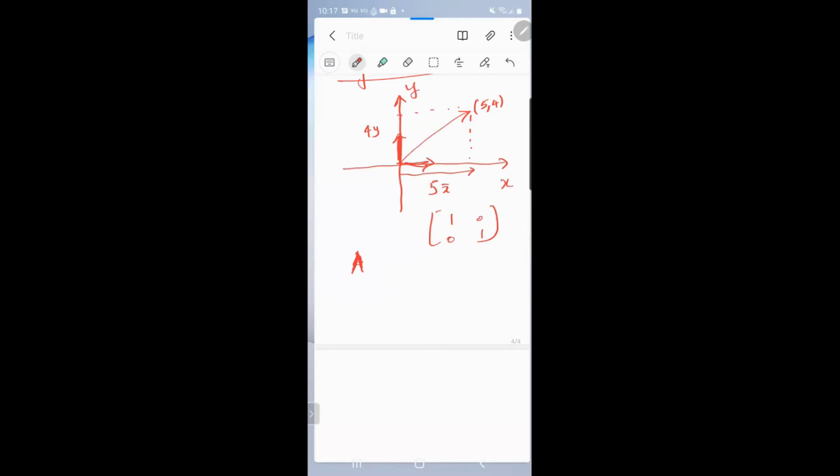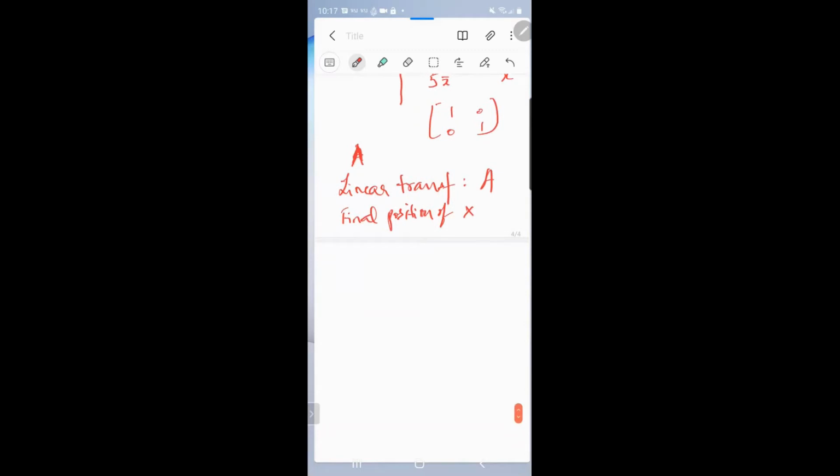How can you find that? Anybody who wants to volunteer with the answer? We have a linear transformation A, and we want to know the final position of vector X. How can you find this out?